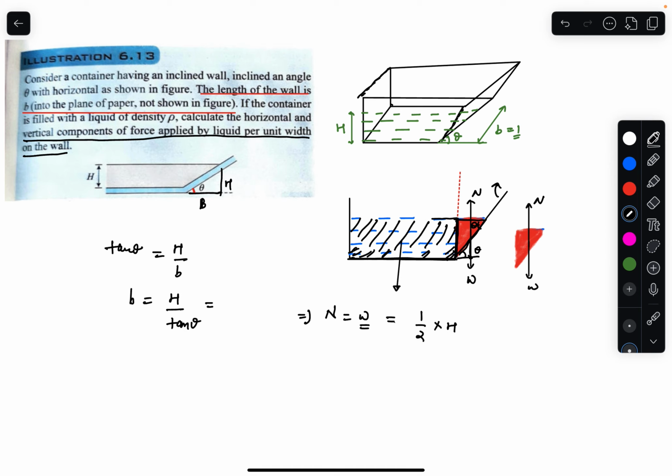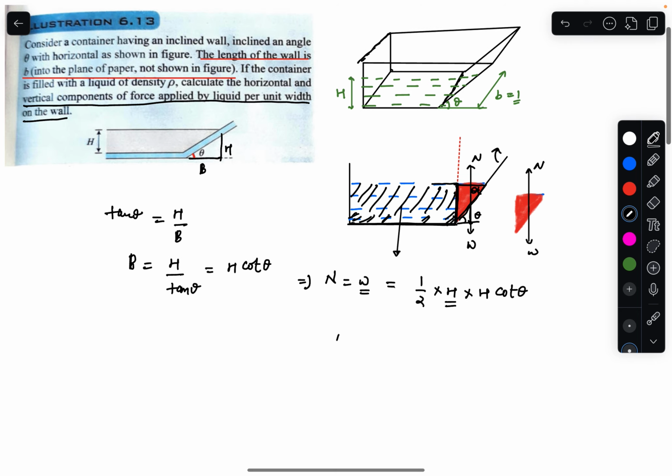Or let's take another name, I will say capital B for the base. So it becomes h cot theta. So the area of the triangle is half times height times base, which is h times h cot theta. So this is the area, and times the width gives the volume of whatever fluid there is inside.